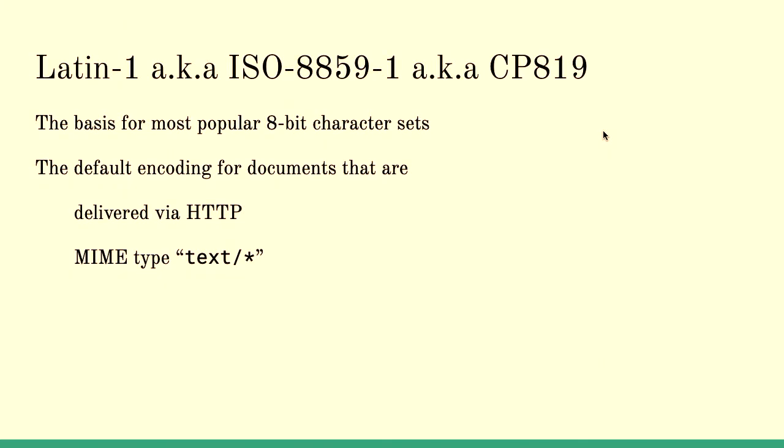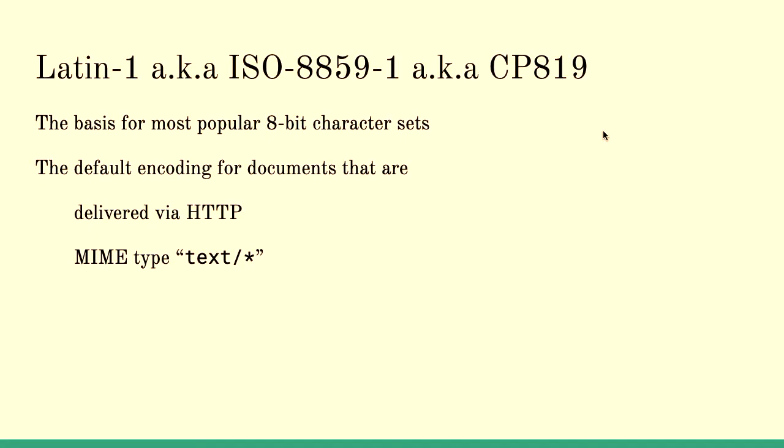One example is ISO 8859-1, or Latin 1, or CP819. It has a lot of names. But basically, it's the basis for the most popular 8-bit character set. So if you needed an 8-bit character set and you created this before the Unicode standard was implemented worldwide, then you'd use Latin 1, which is also the basis for several of the most popular languages in the world.